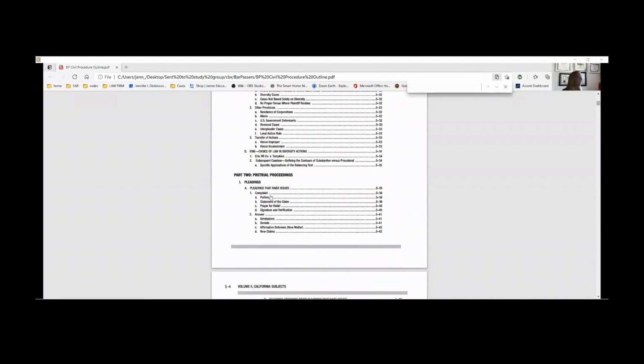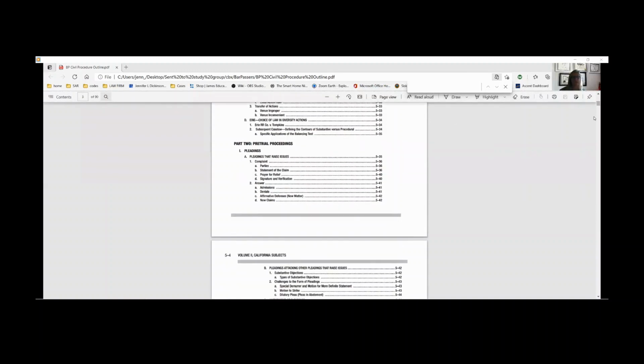conversation is going, is the definition of complaint, because you get a Civil Procedure essay that says the court denied the motion to dismiss because, I'm sorry, let me start again here.